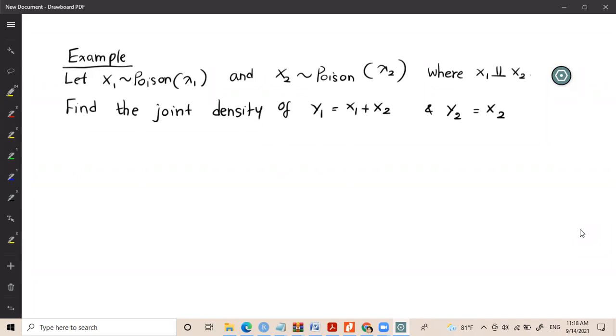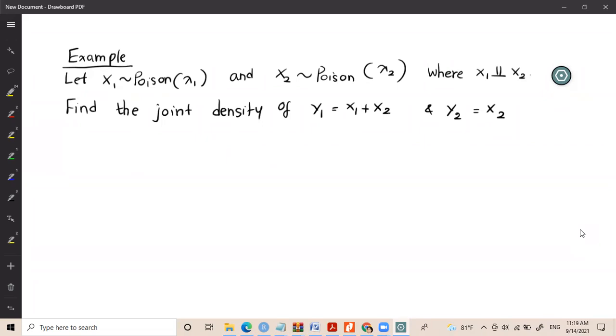So let's go back to the function. Both of them are Poisson. They have different parameters, lambda 1 and lambda 2, and it's given that they are independent. Our target is to find the joint density of Y1 and Y2, where Y1 is the sum of X1 and X2, Y2 is X2 itself.